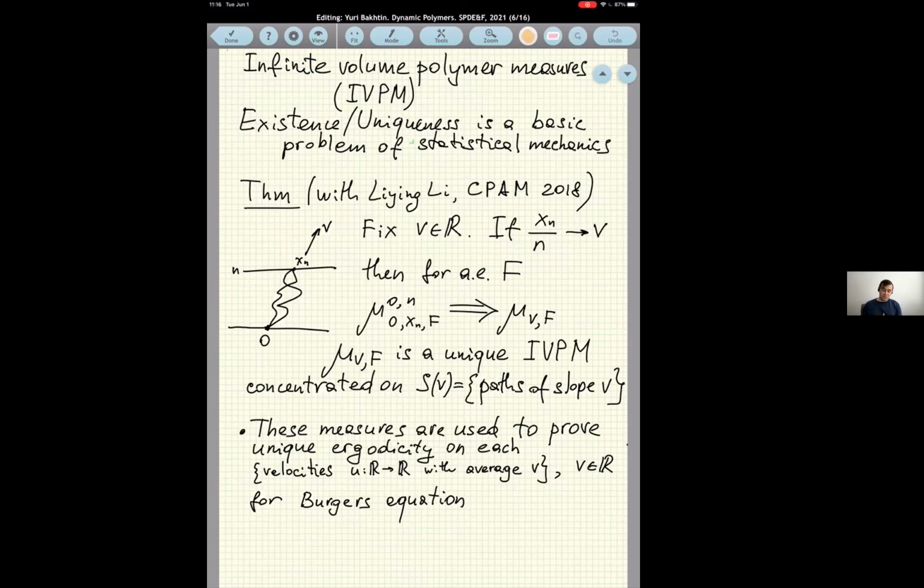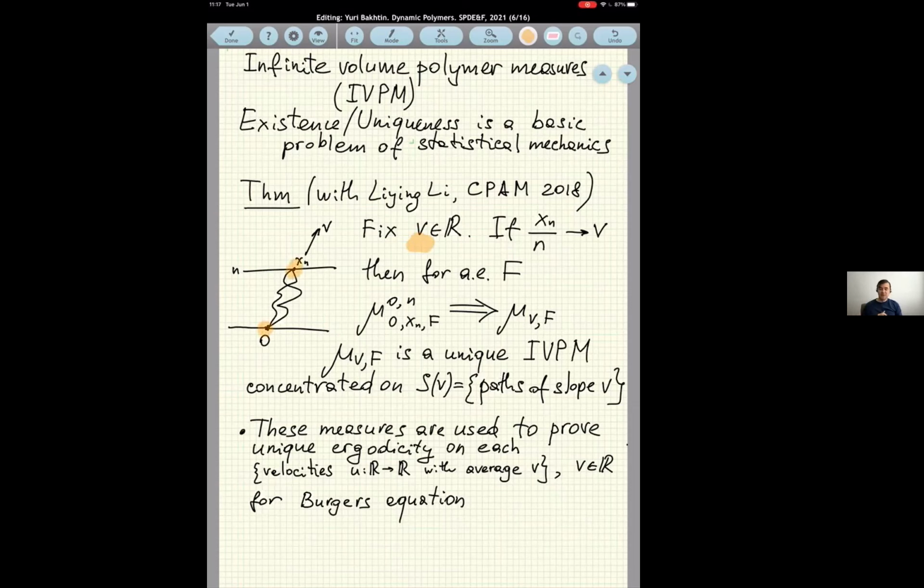And with Lee, we prove this theorem where we show that for each asymptotic slope v, there is a unique infinite volume polymer measure concentrated on paths with that slope. The way to obtain those measures is really to take a limit.